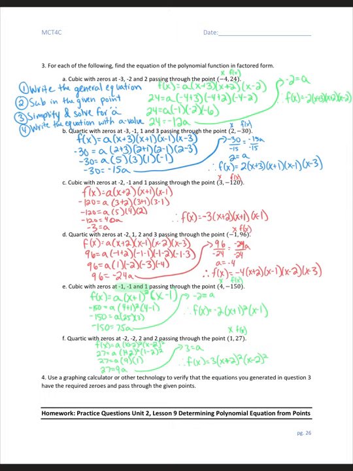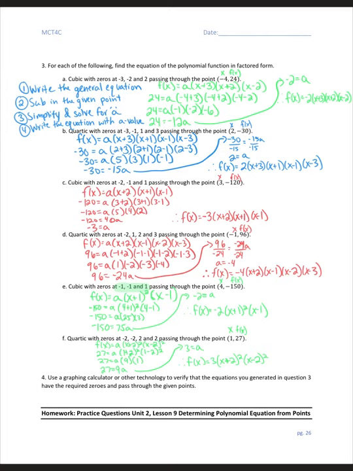The solutions for E and F have been written in now for you, so check your work, make sure you're comfortable with that. I'm going to say pause the video one more time, and I'm going to pull up Desmos just to answer number 4 for one of the questions we've worked through. So it says, use a graphing calculator or other technology to verify that the equations you generated in question 3 have the required zeros and pass through the given points.